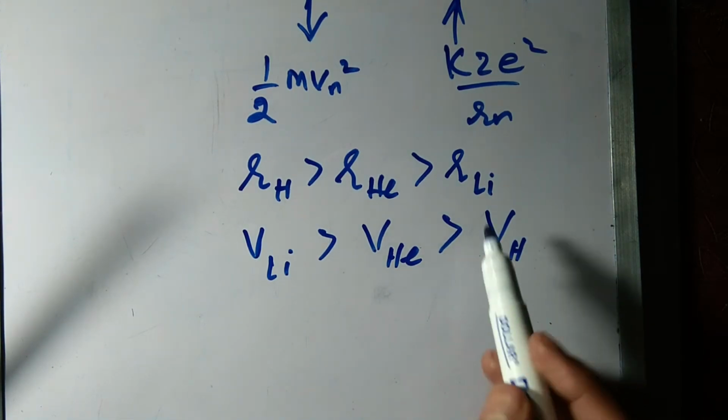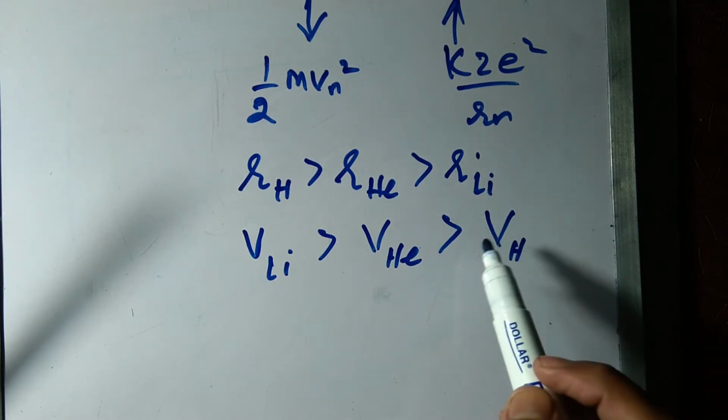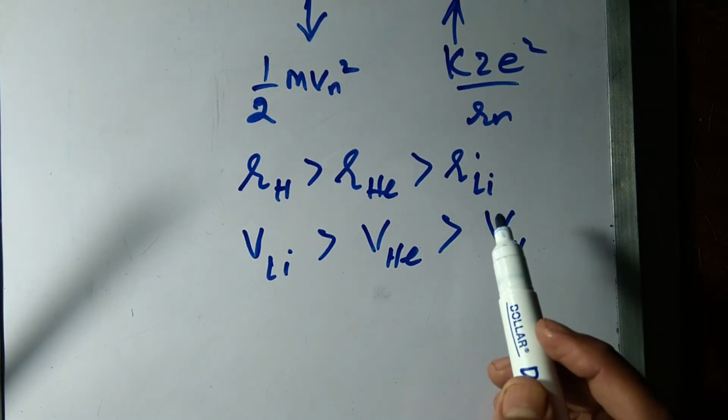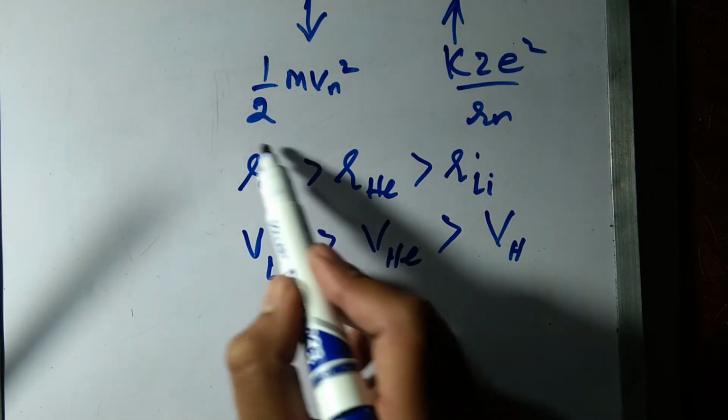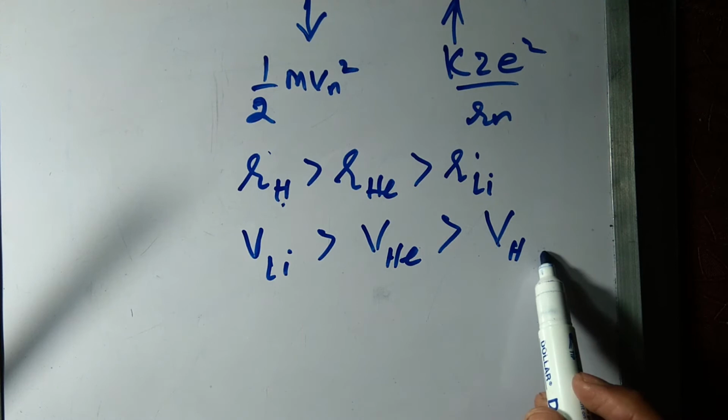It means that the greater the radius, the smaller the velocity. As hydrogen has the greatest radius, its velocity is the smallest one.